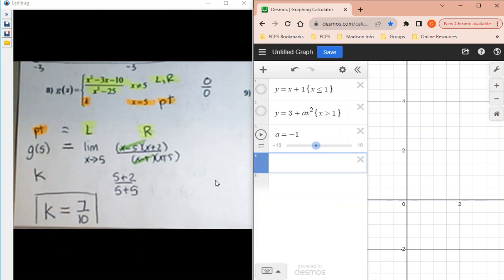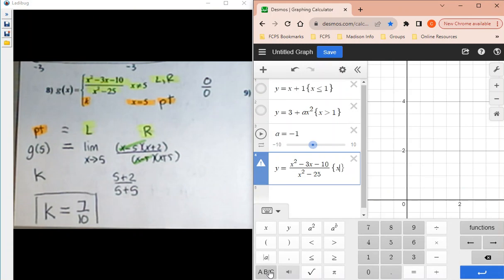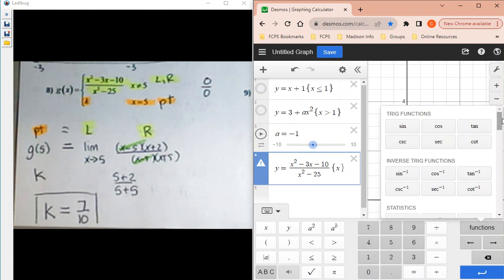Okay, so this time I've got y equals x squared minus 3x minus 10 over x squared minus 25. And I'm going to put the domain here. x, okay, I'm going to need the keyboard. Can't equal. See if I can find my can't equal signs.